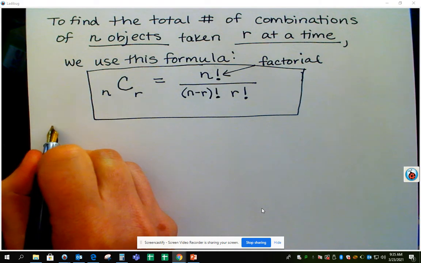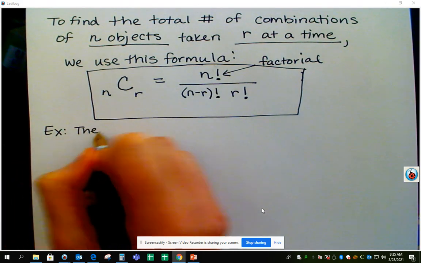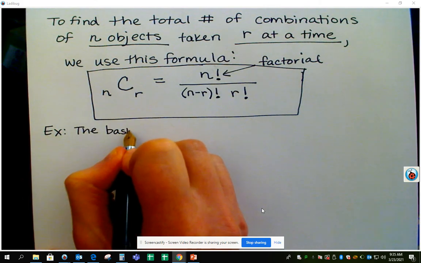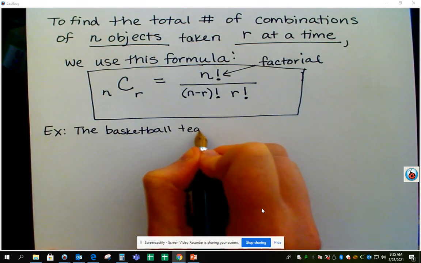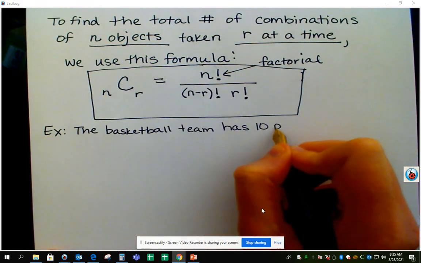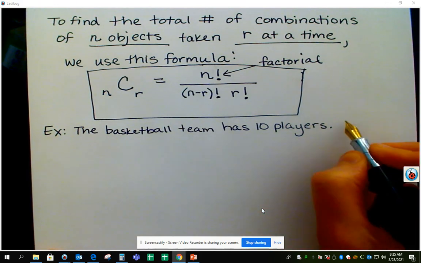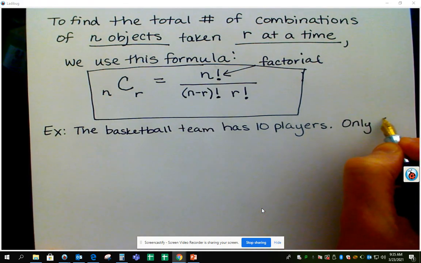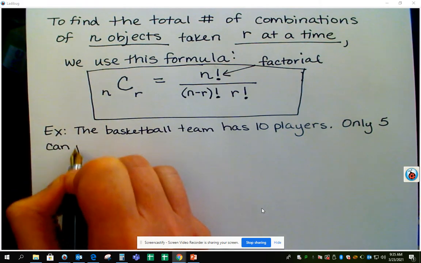Okay, so let's look at an example. So the basketball team has 10 players. Only 5 can play on the court at one time.